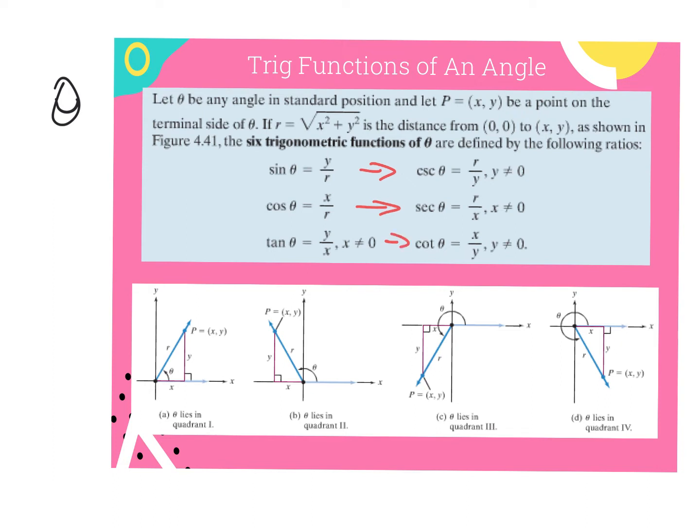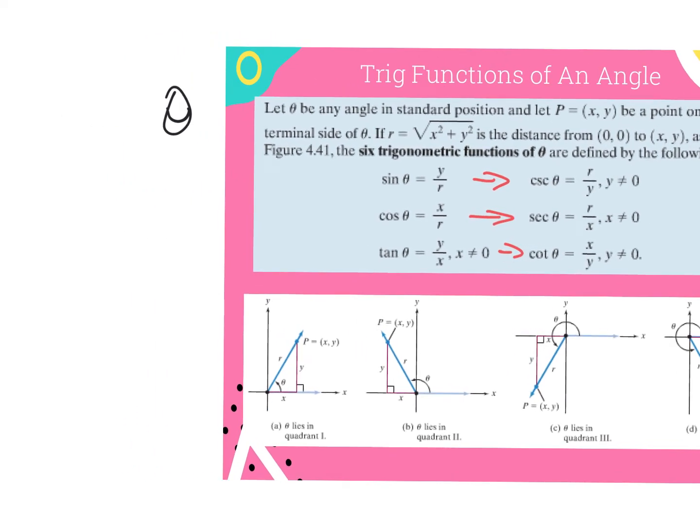Now, what we're going to do is you're going to be given an ordered pair, and remember, in an ordered pair, it's x, y. And then we need to calculate the r value, which is going to be our hypotenuse. We're going to use what looks like the Pythagorean theorem. So this r value can be found by taking the square root of x squared plus y squared.